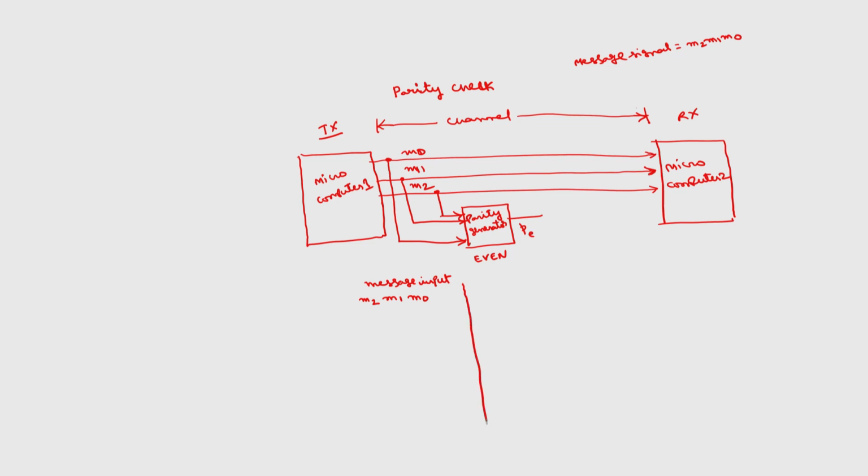Then the output of this parity generator will be PE if I want to generate even parity. So, the logic here is, whatever the combination of M2, M1, M0, I have to generate PE such that these 4 bits, along with PE, should have even parity.